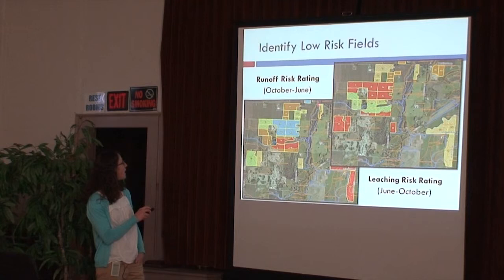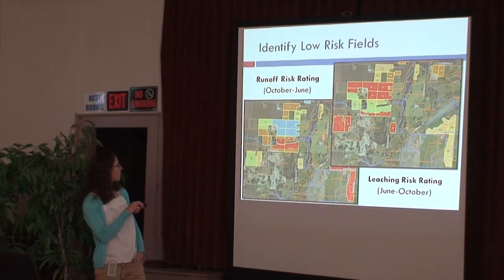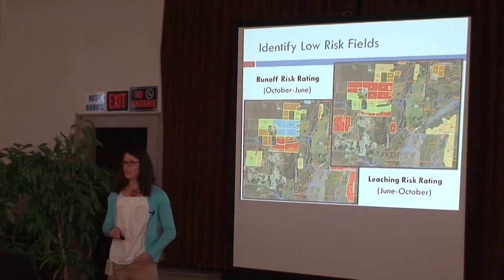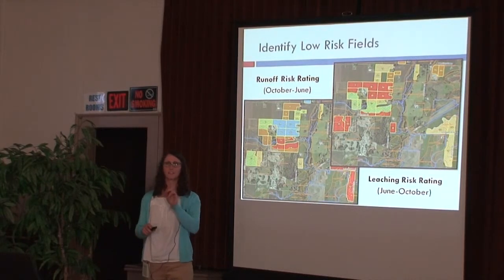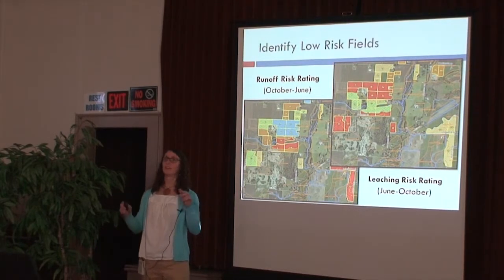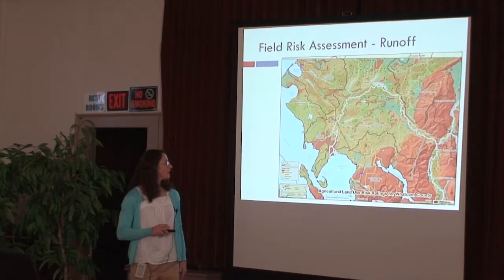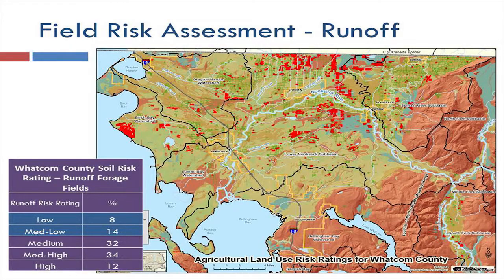And when we think about runoff versus leaching, our runoff categories, high to low, are about opposite of our leaching. So again, those fields that we think about, where do I want to go in October, are not the same as the fields you'd go out to in January, for instance. And this is our entire county here, and this is just a rough risk.